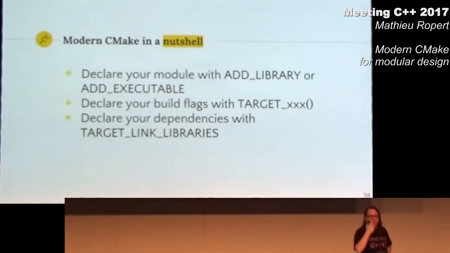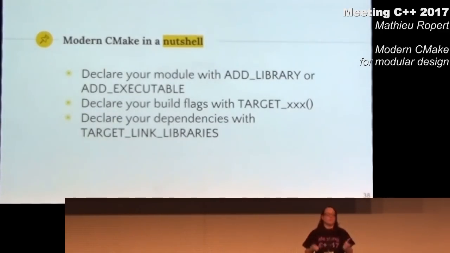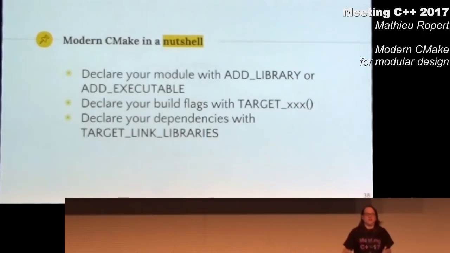And of course, if you need to declare a dependency, you use target_link_libraries. I know this is not very intuitive, it's basically the -L. I would prefer if there was an alias called target_depends or target_requires, something that sounds like a real dependency and not just build flags.